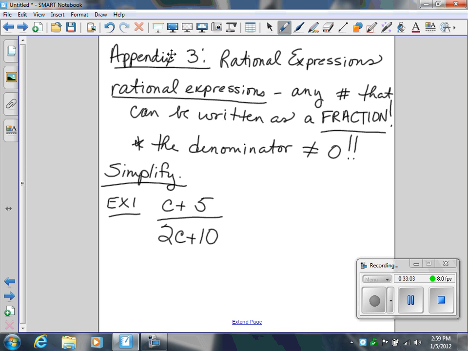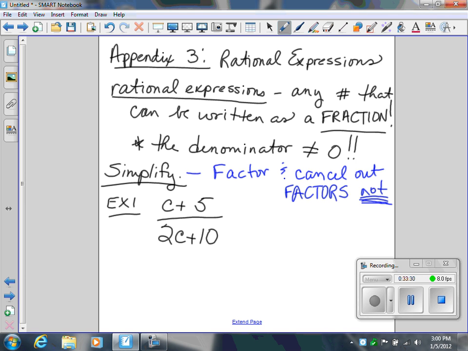What's that part of? You take out the GCF, you are trying to do what to the expression? Factor. All right. So to simplify, you factor. This is very important. And you cancel out factors. This is the important part. Not terms.